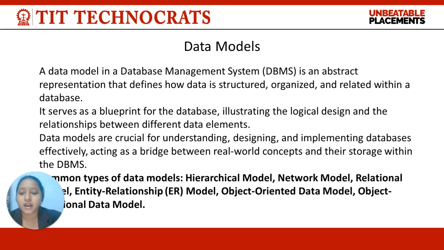For example, an object like a car can have properties such as color and speed and methods like start and stop. So in short, each model represents data in a different way, but all of them aim to organize information efficiently within a database.